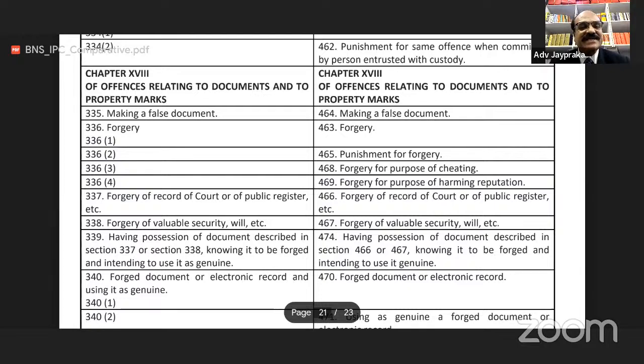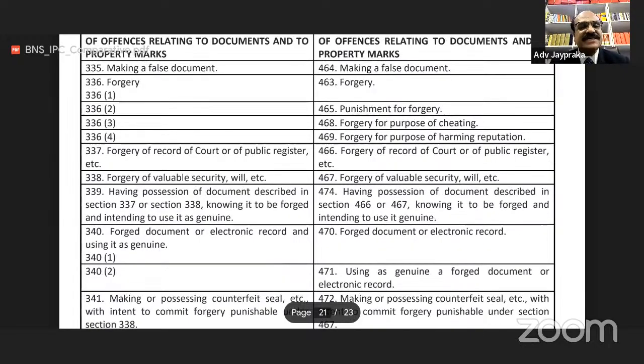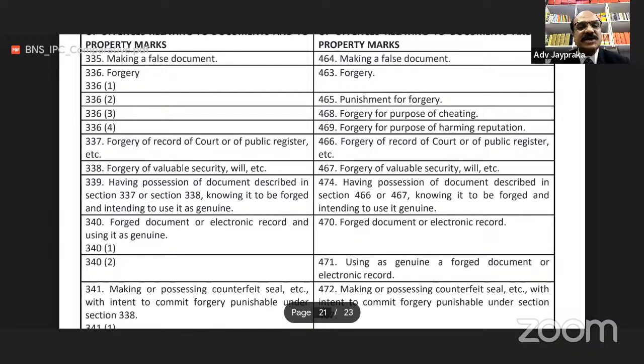BNS section 336(4), forgery for the purpose of harming reputation; earlier IPC 469. BNS section 337, forgery of record of court or of public register, etc.; its corresponding section was IPC 466.